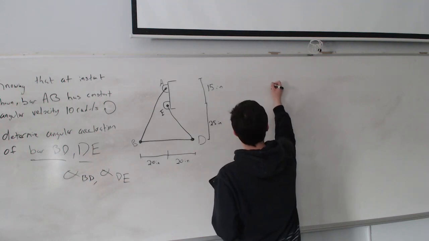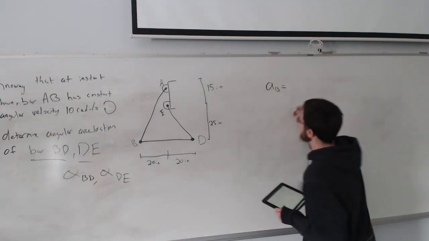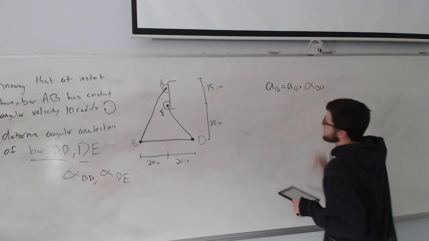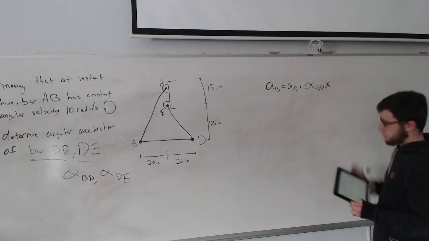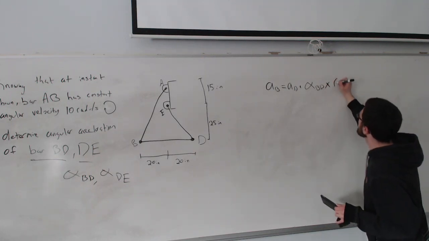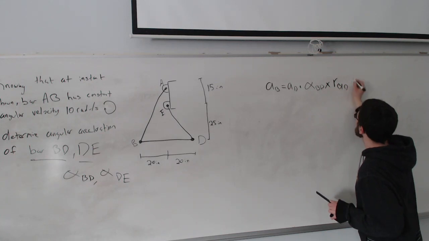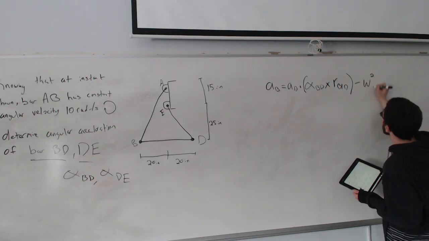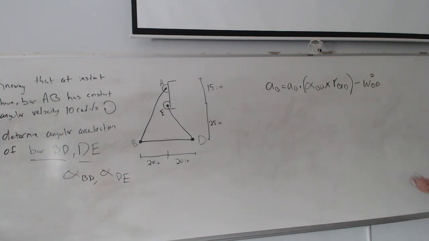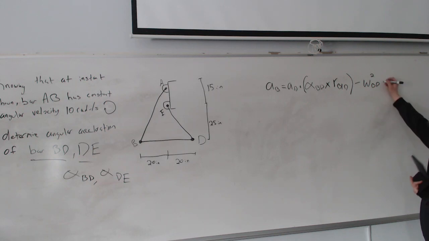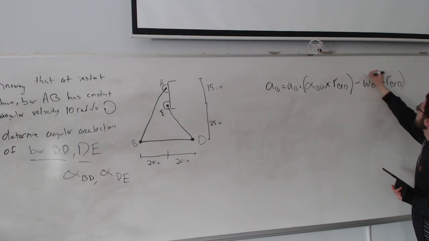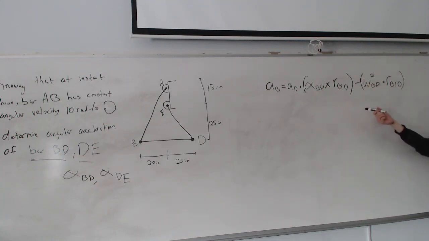Here we have acceleration of B equals acceleration of D plus angular acceleration of bar BD crossed with the position vector of B with respect to D, and then minus the angular velocity squared of BD times the position vector again. Does everyone recognize this equation? Yeah, we've gotten there? Okay, great.